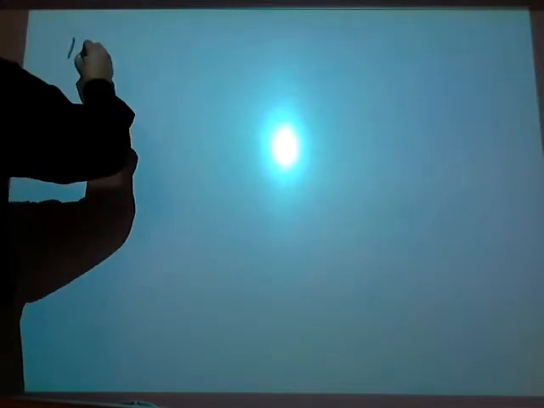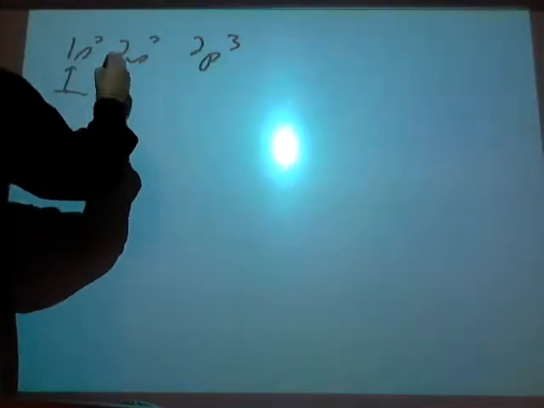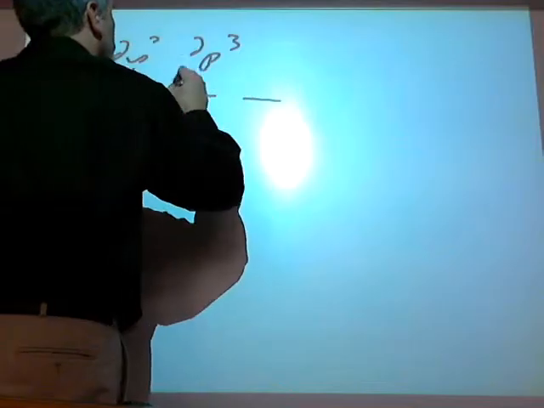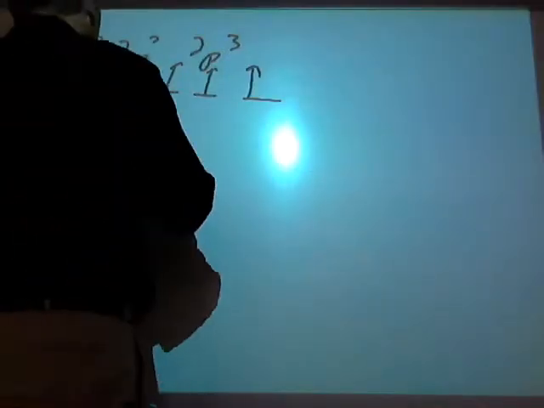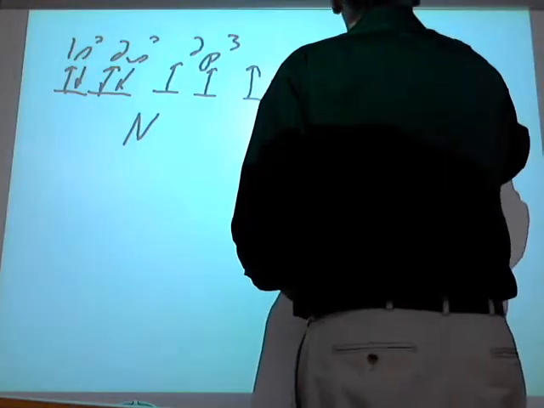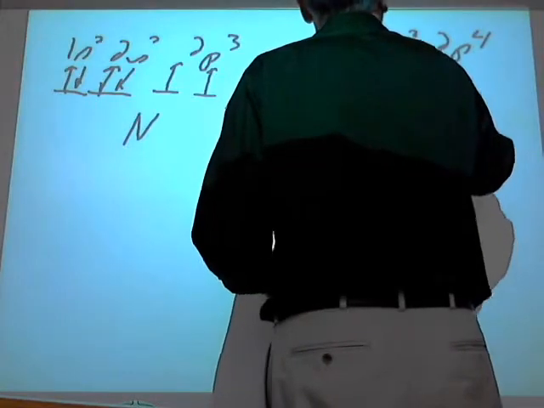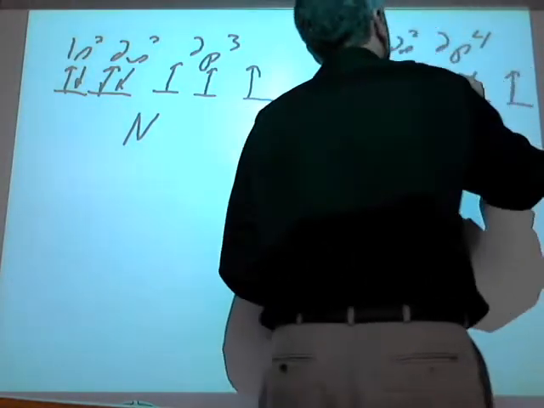Don't draw this. Remember they go in one at a time before they pair up? That's nitrogen. Here's oxygen. No one would have had trouble writing this.